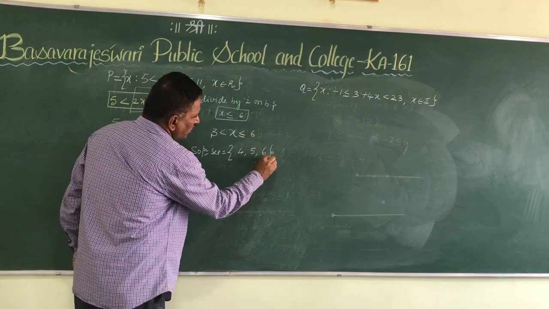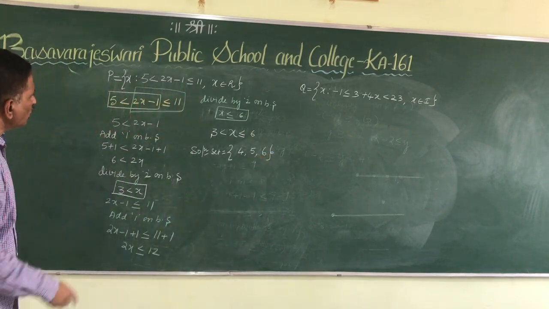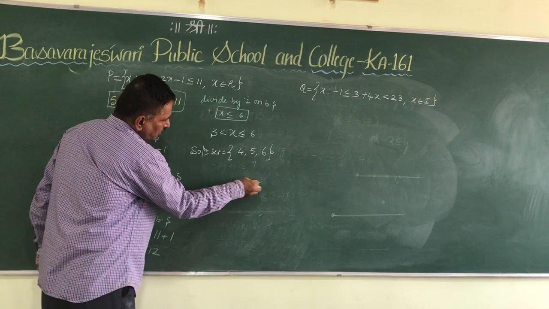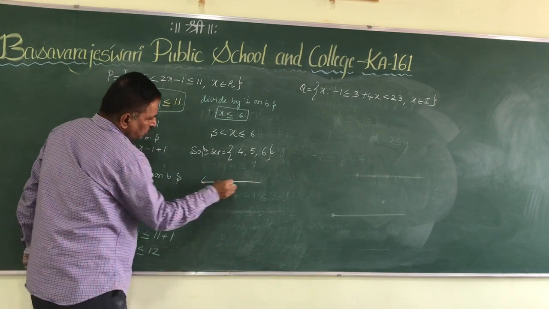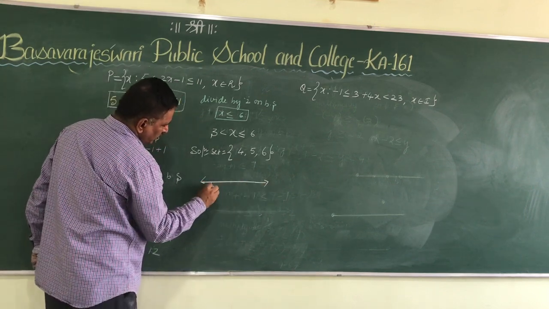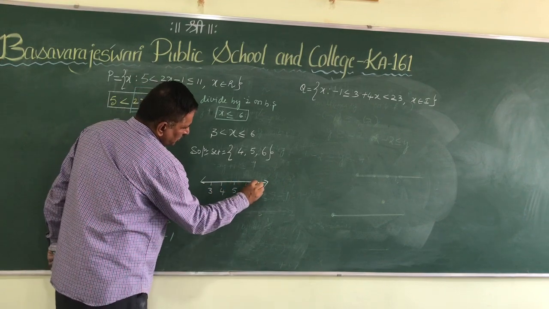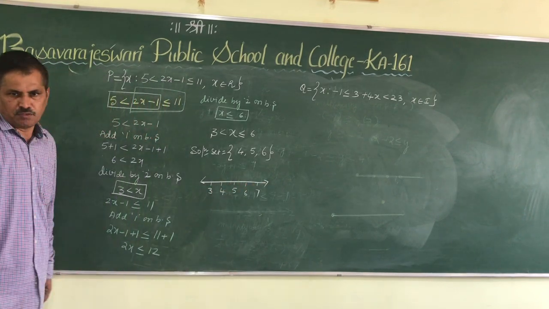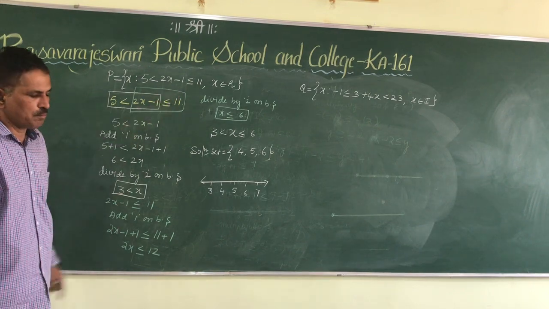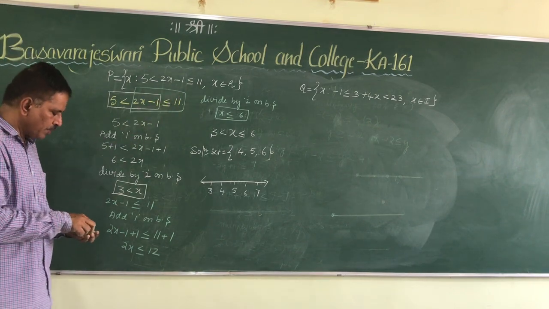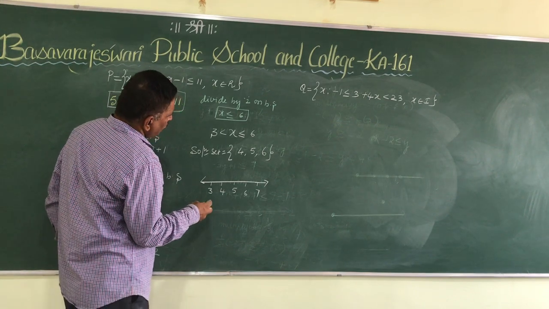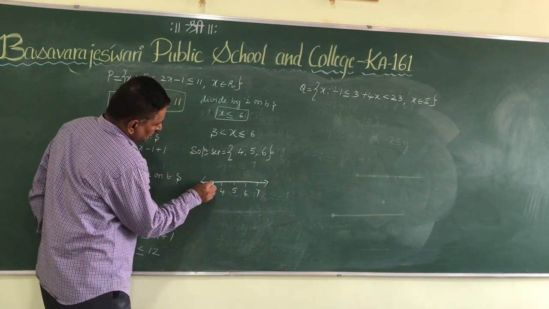So you have to draw the number line for this one. I will take 3, 4, 5, 6 as well as 7. Since it is a real number, you have to draw a line from 3 to 6.